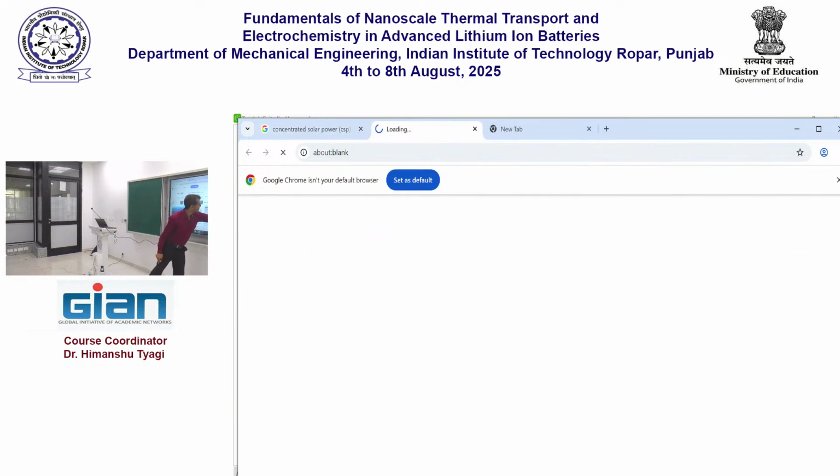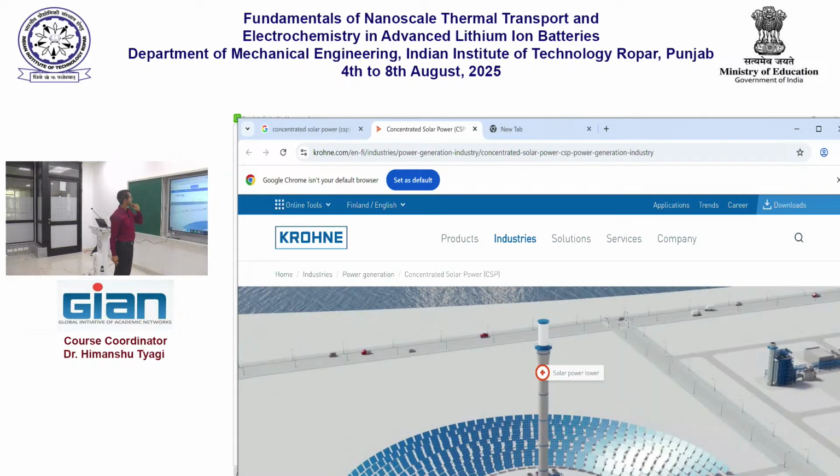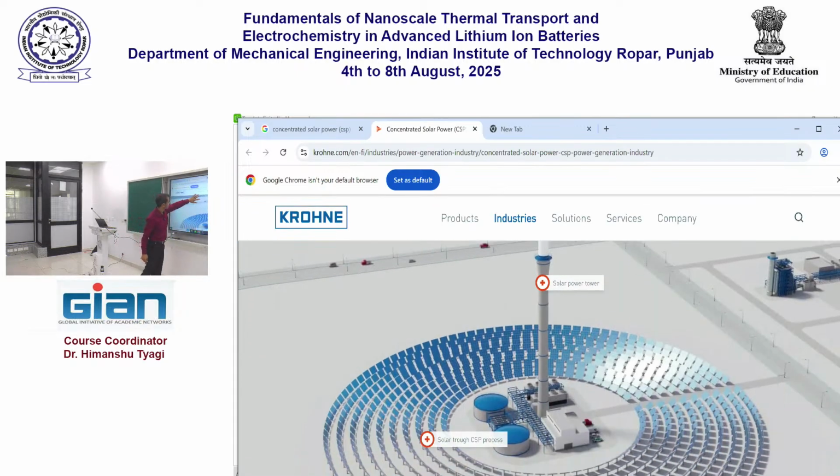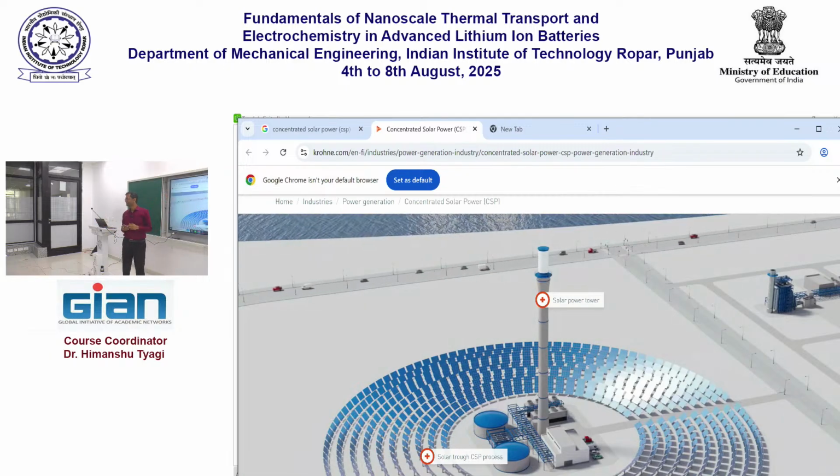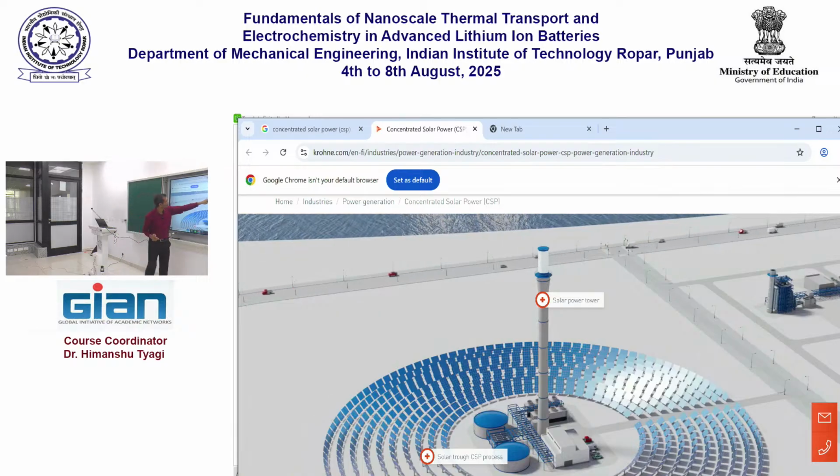What is happening here is that we have a bunch of mirrors, literally hundreds and thousands of mirrors that are located in such a way that they all reflect the solar energy they receive onto a very concentrated region.